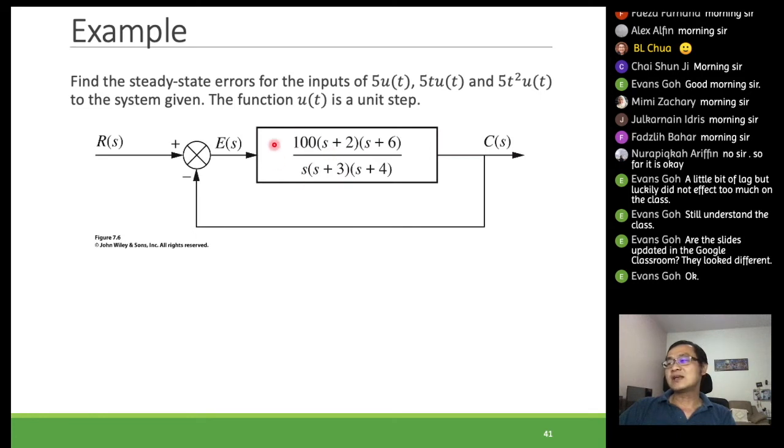Based on this, because of one integrator, if we give a step input, we get zero steady state error. If we give a ramp, this will give us a finite error, and so on. So you just try to input different types of input. Here 5u(t) means a step input of 5, then 5t, where t represents a ramp, is a ramp input with a multiplication of 5. Then this is a parabola input.